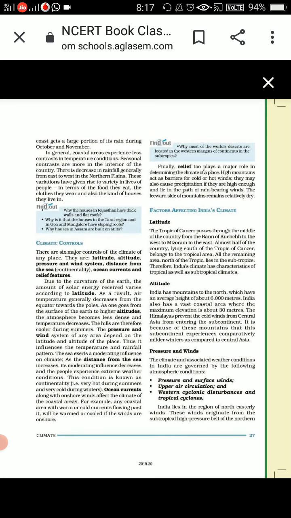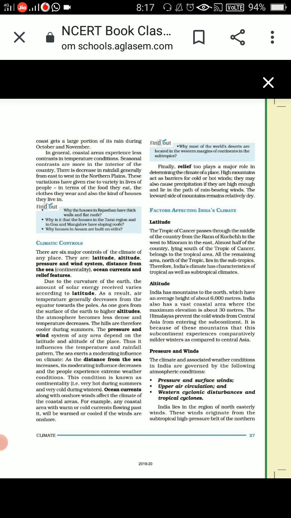Now, children, you all know distance from the sea. The sea is going to have a moderating influence on the climate. You all know land breeze, sea breeze. As distance from the sea increases, the moderating influence is going to decrease. It means the nearer you are to the sea, the more moderate the climate will be. If you start going away, you are going to face extreme climate.